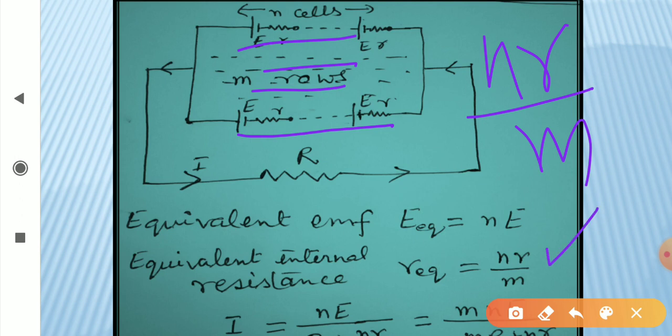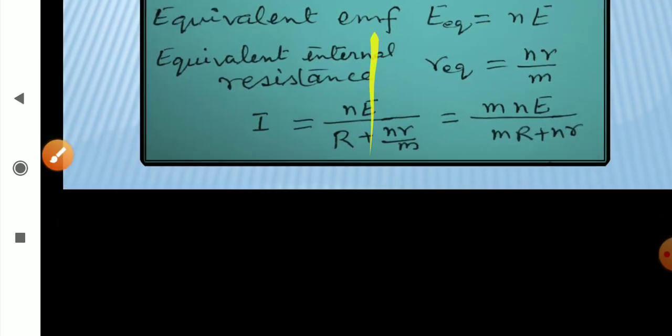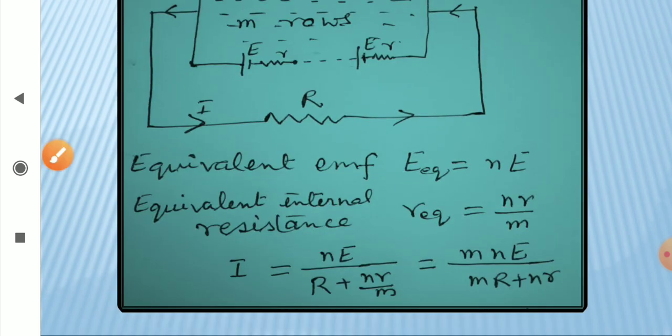So equivalent internal resistance becomes NR upon M, and now the current in the circuit becomes NE upon R plus NR upon M, and if you simplify this by taking the LCM, you'll get MR plus NR, or upon MN goes up, you will get MNE upon MR plus NR, right?